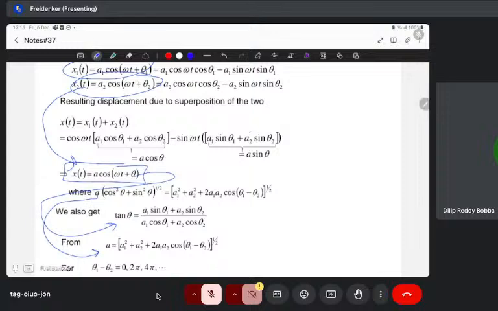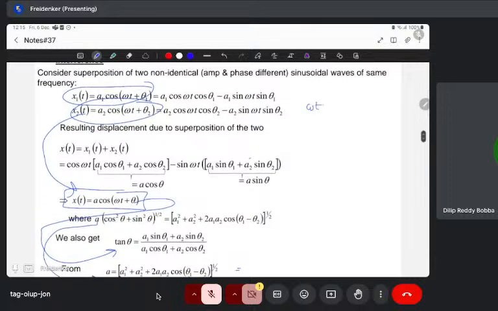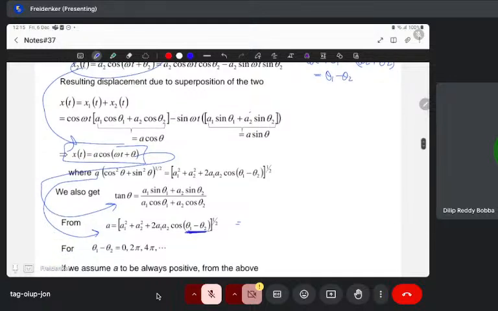So what is this? This is phase difference, because if I take the phase difference, I will get theta 1 minus theta 2. So this is phase difference.